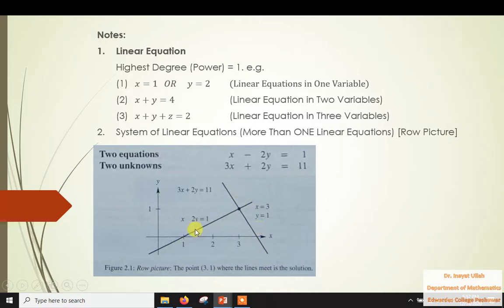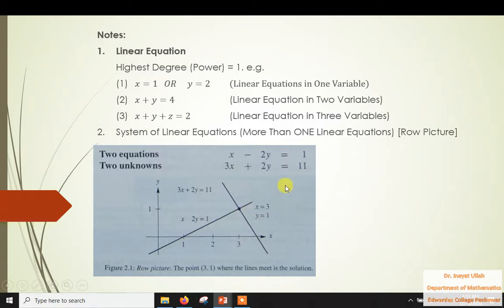We see that these two lines intersect each other at this point. If you look at this point, the value of x is 3 here, and the value of y is 1 here. So x is equal to 3, y is equal to 1 means that these two lines intersect each other at a single point (x, y) equal to (3, 1).